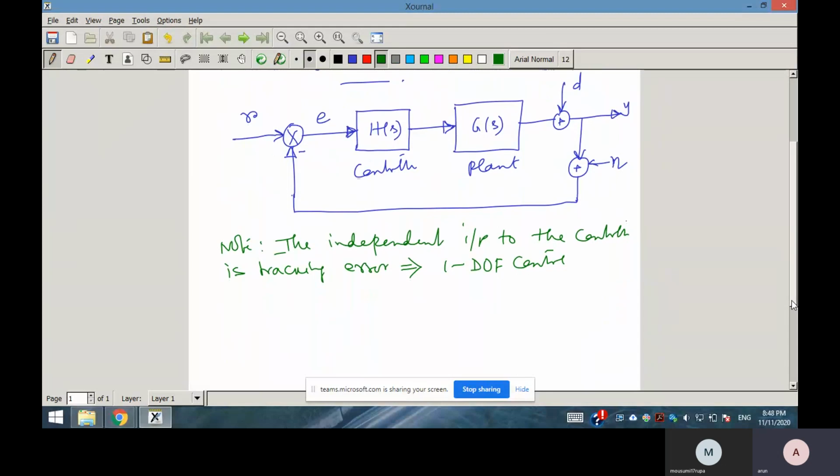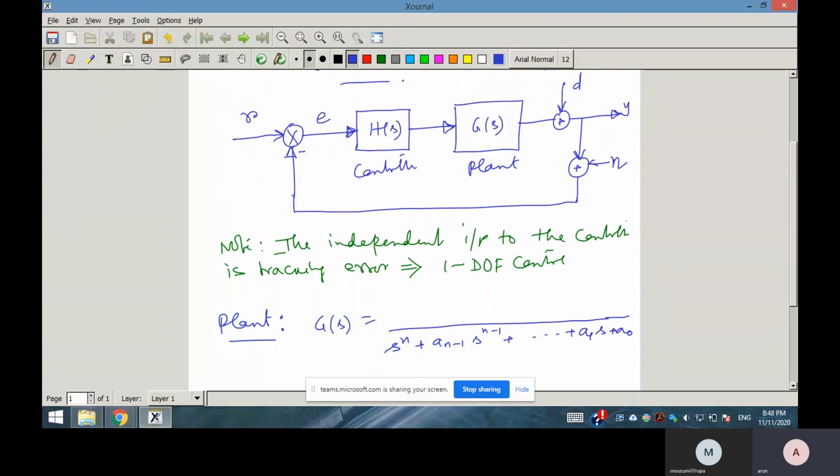So what is the plant structure? Now I will consider a general plant structure. So this is my plant, G. What is the G(s) structure? We will consider an nth order plant. The general plant is: denominator s^n + a_(n-1) s^(n-1) + up to a_1 s + a_0.